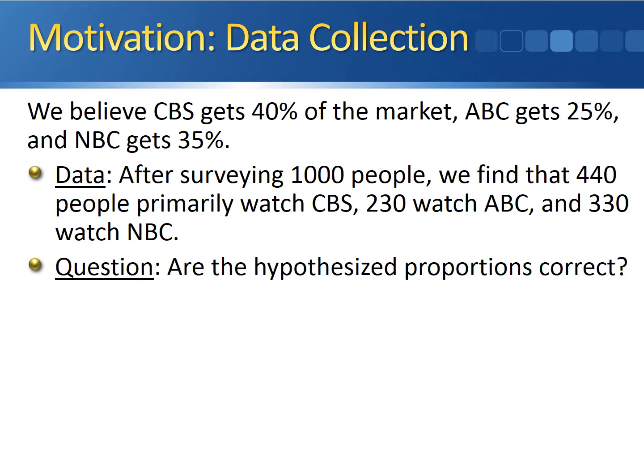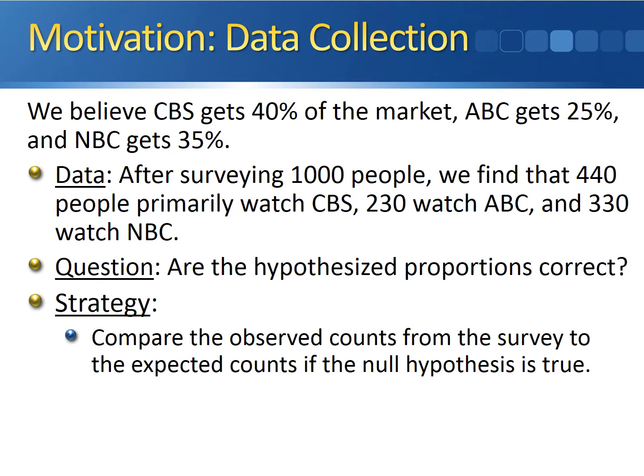Now to continue this problem, let's take a look at the data. After surveying 1,000 people, we find that 440 people primarily watch CBS, 230 of them watch ABC, and 330 of them watch NBC. Again, we're looking to identify if the hypothesized proportions are correct. So our strategy here is to compare the observed counts from the survey, the 440, 230, and 330 above, to the expected counts if the null hypothesis is true.